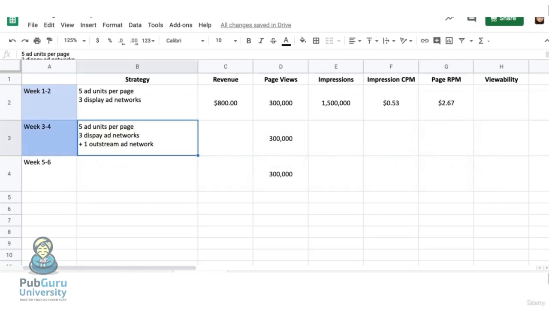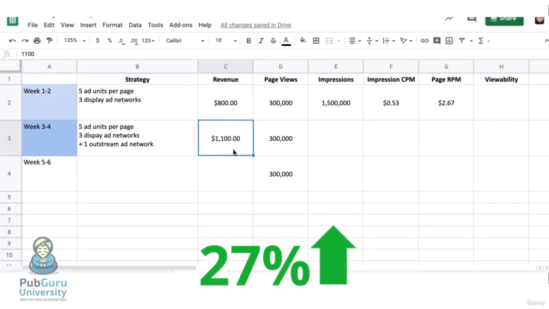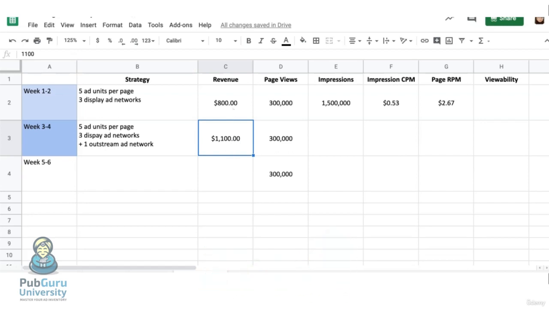Now here comes week 3 and 4. This time you decided to add another revenue stream, which is an outstream ad network. So now you have 5 ad units per page, running 3 display ad networks competing against one another, plus 1 outstream ad network. Now your revenue, from what used to be about $800 per day, increased to about $1,100 per day.